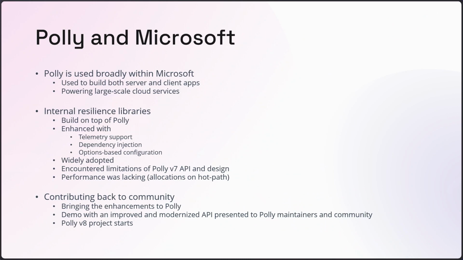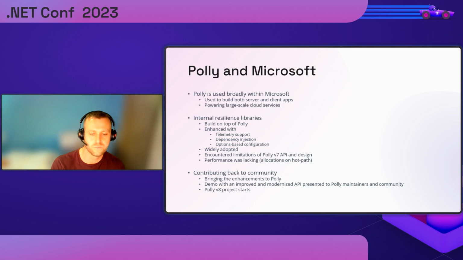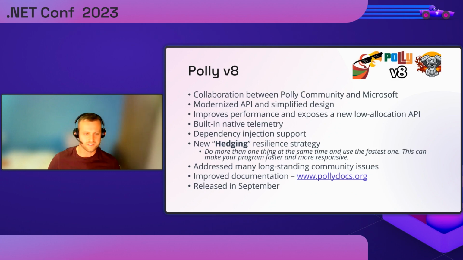What we did was demo the new proposed API to the Polly community and maintainers, and it got great feedback. That's when the Polly V8 project started, and I think it was around March. We worked on Polly V8 for the better part of the year, and now it's here. Polly V8 was released in September, and this is the result of collaboration between the Polly community and Microsoft.